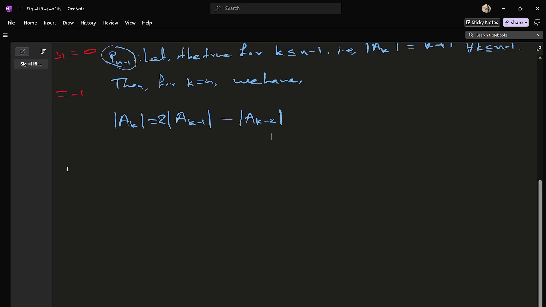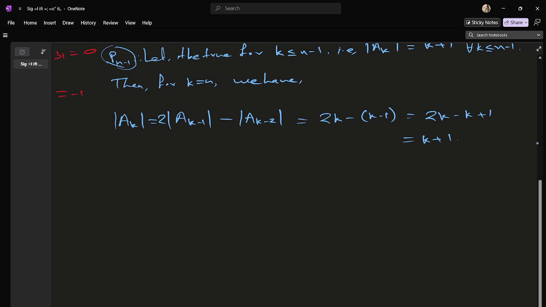We got this from the Laplace expansion, using Laplace expansion twice. So that is equal to 2 times k minus k minus 1, that is 2k minus k plus 1. So it is k plus 1.